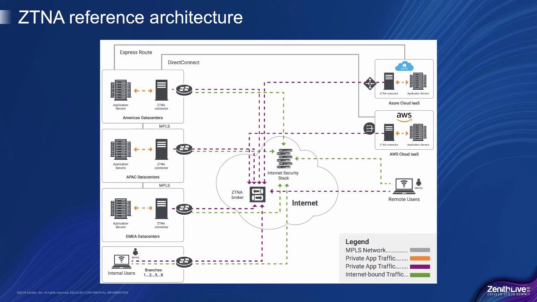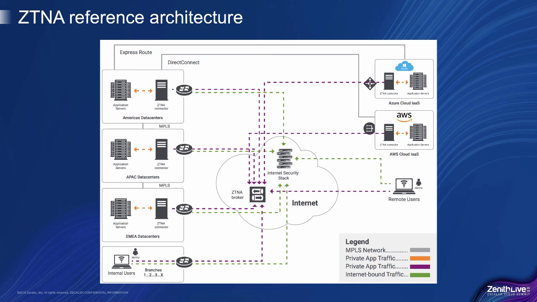Implementing an ExpressRoute or a Direct Connect to extend my network from my data centers to my infrastructure as a service, to provide access to those applications or database replication and whatever. Within my data centers in AWS and Azure, I might have a zero trust network access connector, which connects outbound to the broker that sits in the cloud.